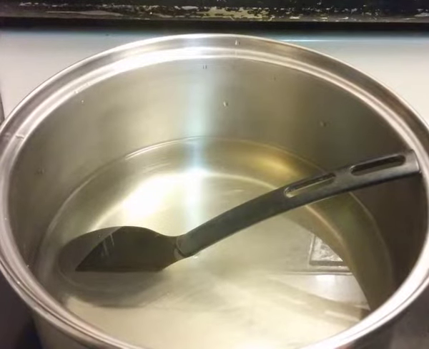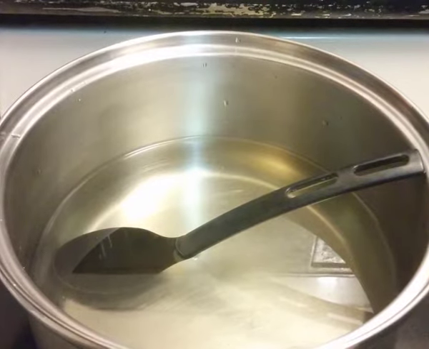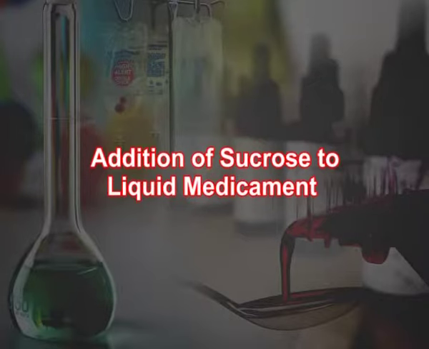This results in easy mixing, as sugar solution generally retards mixing. Next method is addition of sucrose to liquid medicaments. This method is generally used for fluid extracts, but those substances which are soluble in alcohol will precipitate out as soon as water is added.